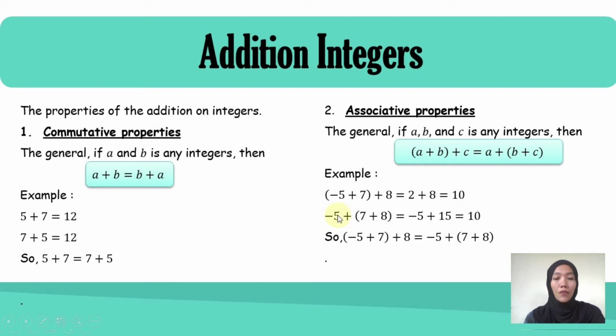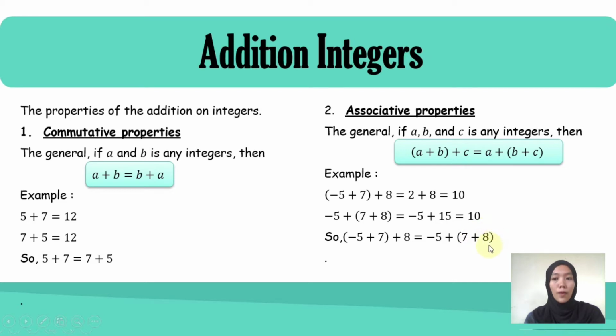And minus 5 plus open bracket 7 plus 8 close bracket is equal to minus 5 plus 15 is equal to 10. So, open bracket minus 5 plus 7 close bracket plus 8 is equal to minus 5 plus open bracket 7 plus 8 close bracket.